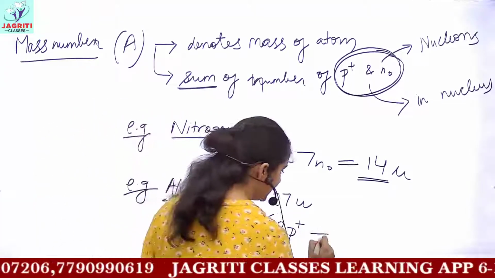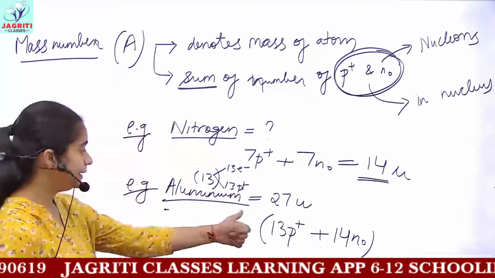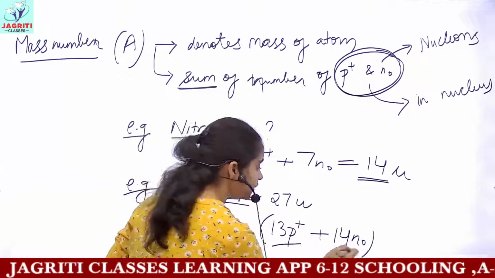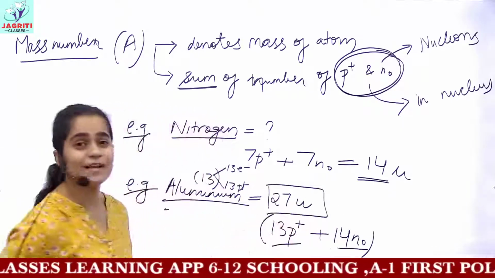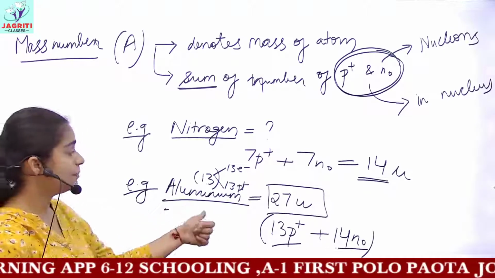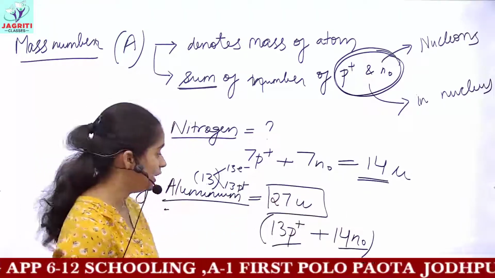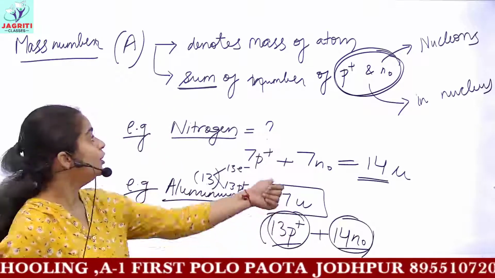But the neutrons in aluminium are 14. So on calculating a total of 13 protons with 14 neutrons, what will you get? You will get a mass of 27 units. So this is the mass of aluminium. One aluminium atom has a mass of 27 units because the sum of protons and neutrons is equal to 27.